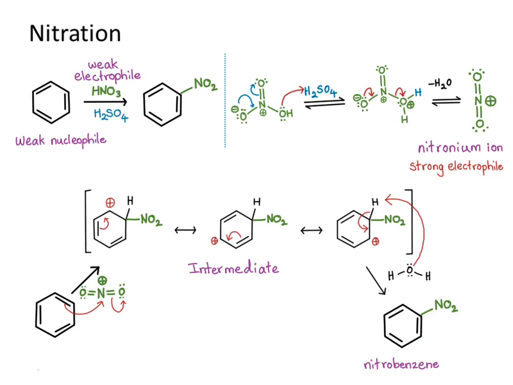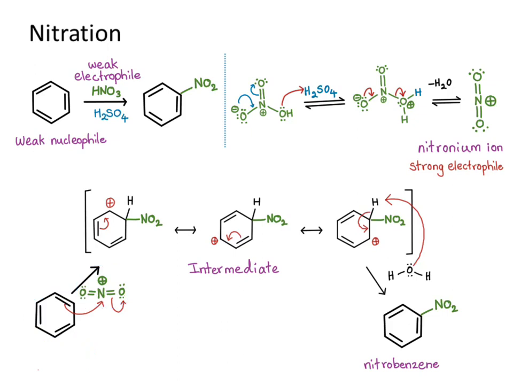So you started from an aromatic benzene, you got the aromaticity back, which means the product is stable. Aromatic compounds are stable because of their cyclic conjugation of pi bonds. Right. So this is the mechanism of nitration of a benzene. The nitro group acts as an electrophile and the benzene acts as a nucleophile.